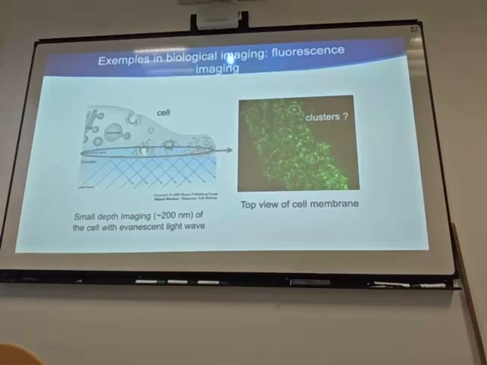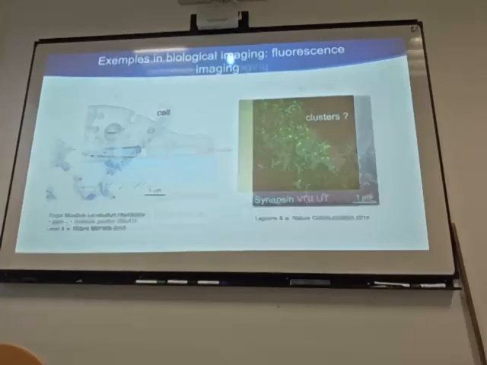A natural question is to test or describe whether or not these spots are clustered or randomly distributed, or if there is a distance between these objects. And why do we want to know that? Because it can give information about, for example, the organization of the membrane, if the molecules that you are looking at are clustered in some domain of the membrane. So this is one important example.